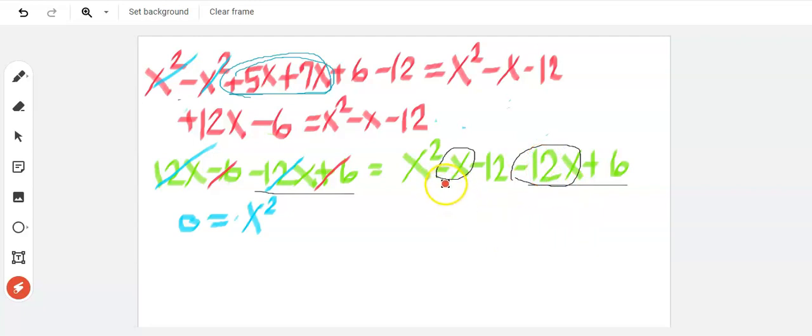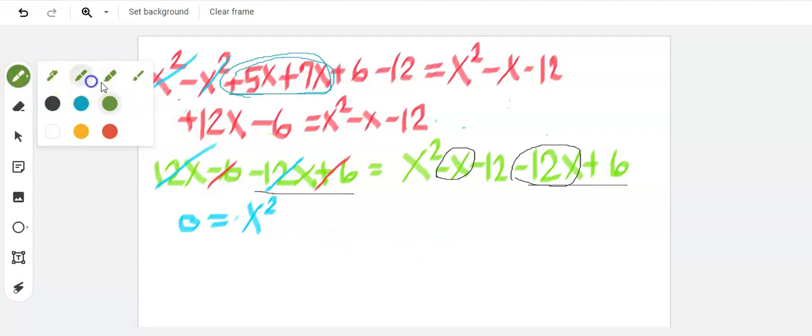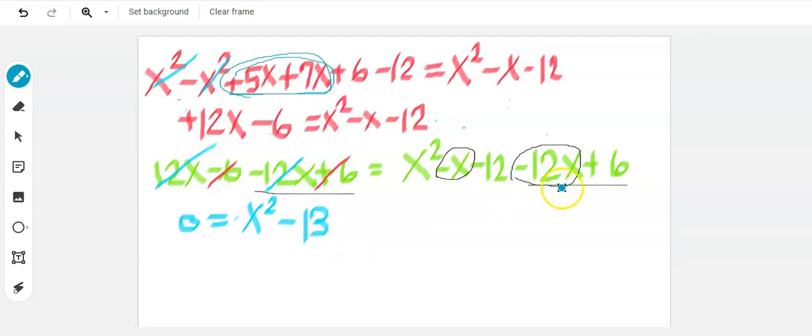Negative 1 and negative 12 have the same sign, so we copy the same sign, negative, and then add the absolute values. 1 plus 12 is 13. And then copy the common variable, which is x. And then we copy positive 6.